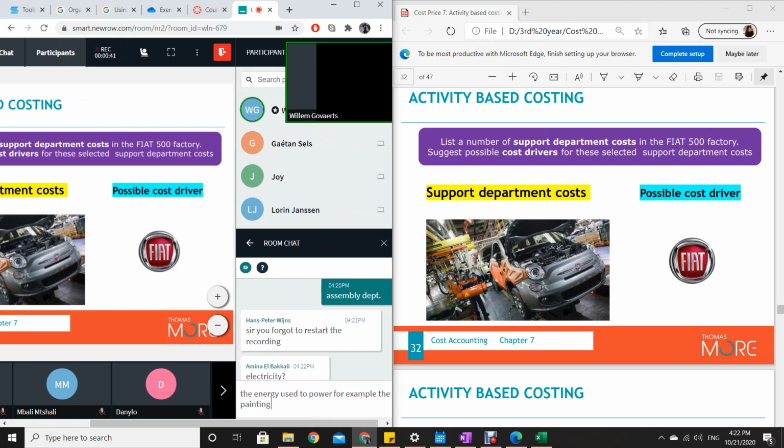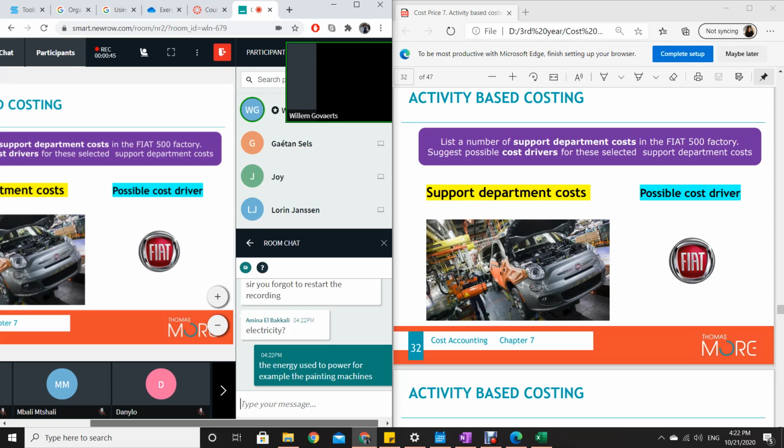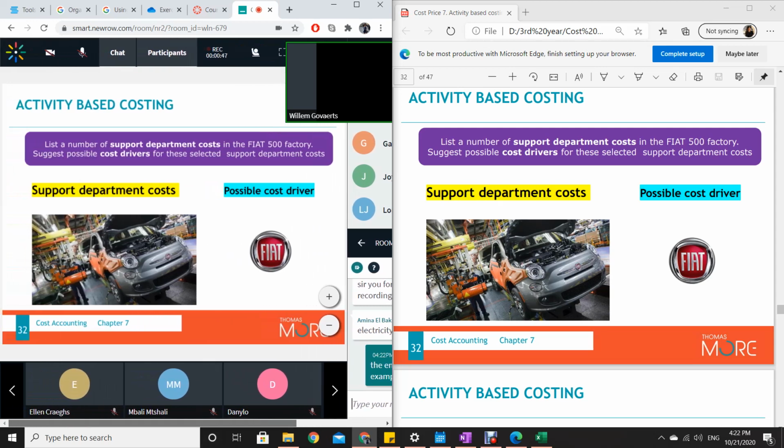What are the tasks, what are the activities done? Maybe electricity, but see it more as an activity. What is done to the car on the line, which is not related to direct labor and direct material? What is done more? Check up?